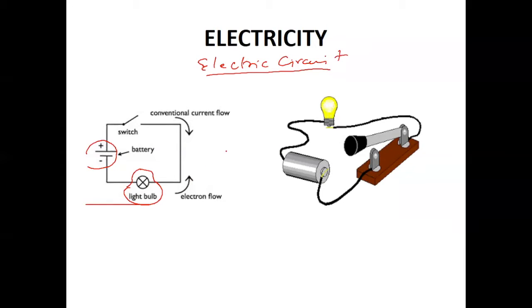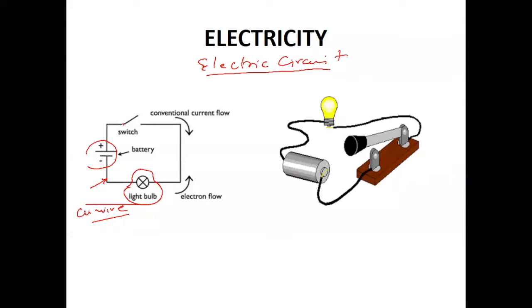So again, in the same, we can say that having a positive terminal and a negative terminal, connect it to the end of the bulb with a copper wire or aluminum wire. Okay, so this is a wire, copper wire or aluminum wire, and this is a switch.